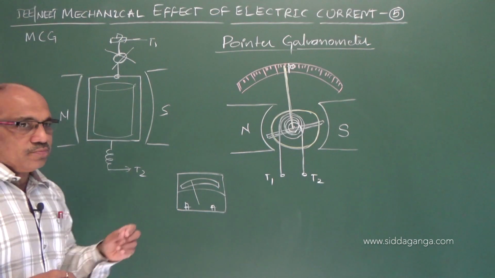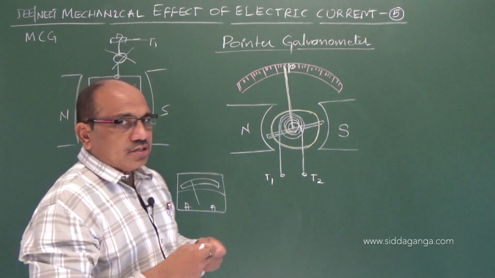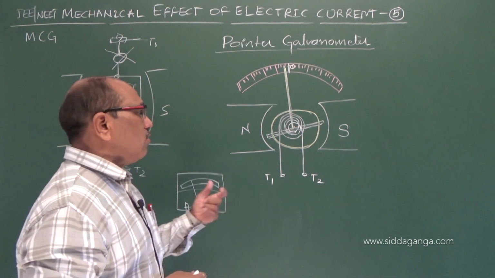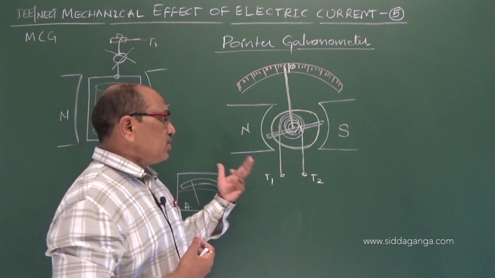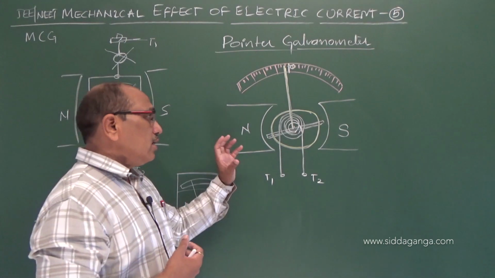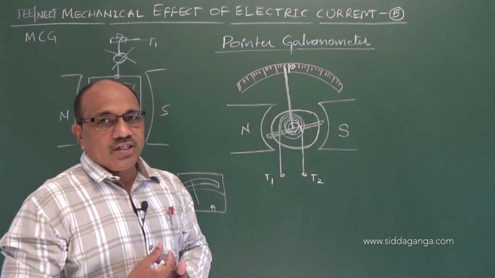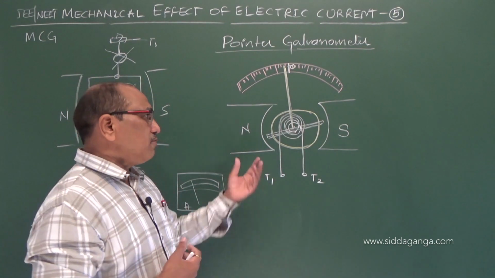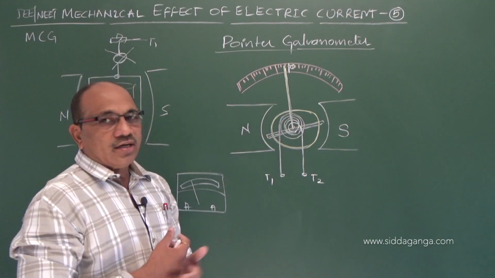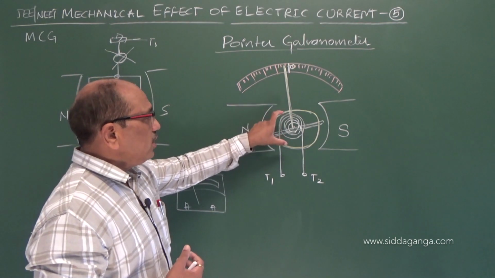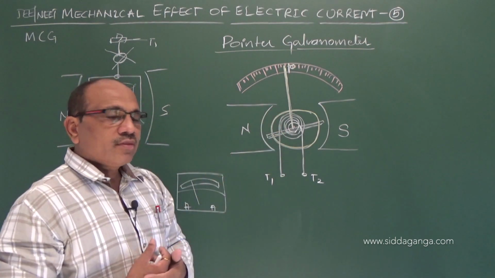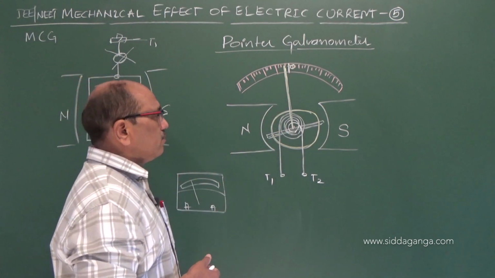Jeweled bearings are used because we cannot lubricate often, whenever necessary. It should be a highly precise device, and it should operate easily. No friction should be generated. Therefore, we use jeweled bearings to support the coil inside, not shown, and the remaining parts are the same.